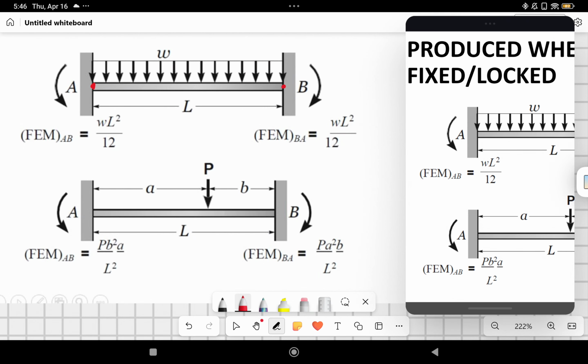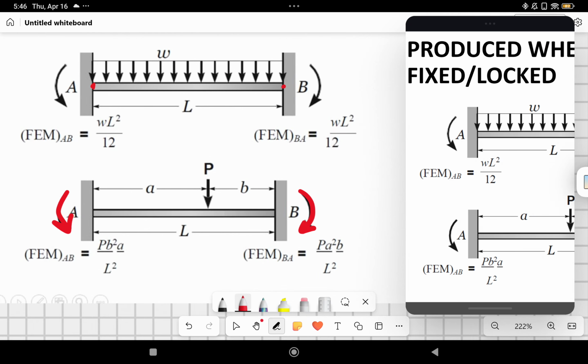a concentrated force at any point, ganun pa rin yung assume natin na directions for AB and BA. AB just means the left end moment, and BA just means the right end moment in this context.